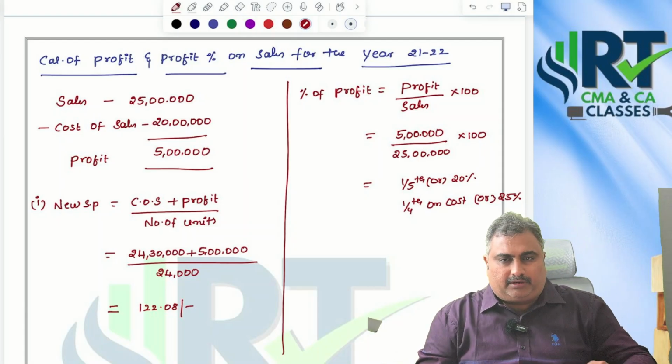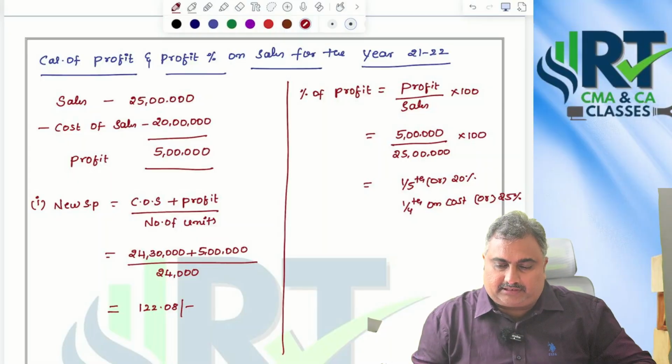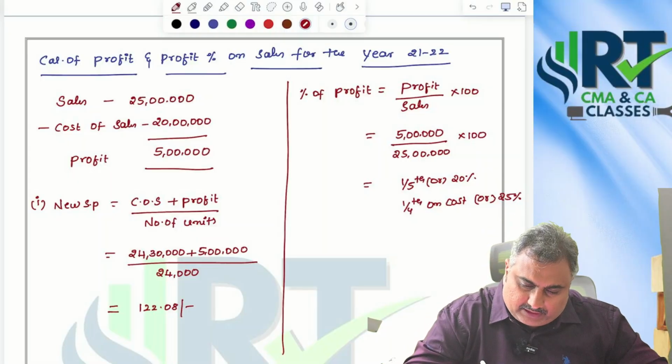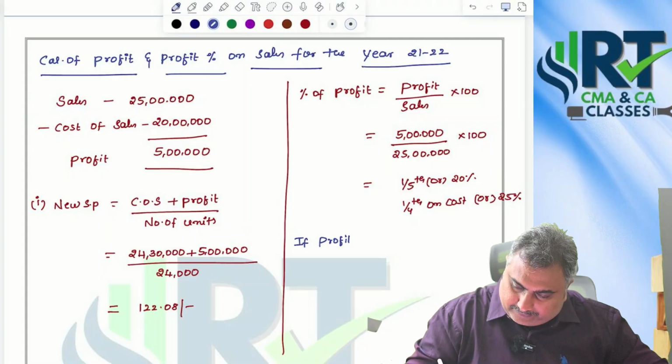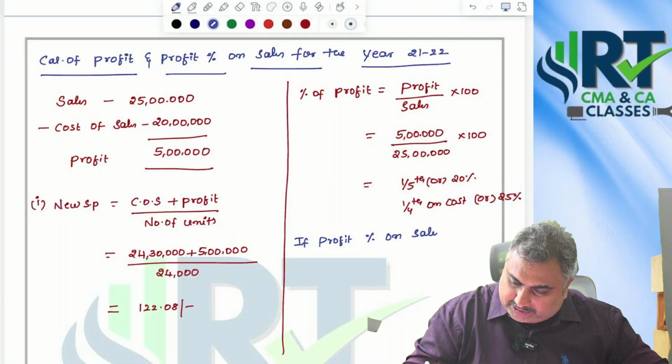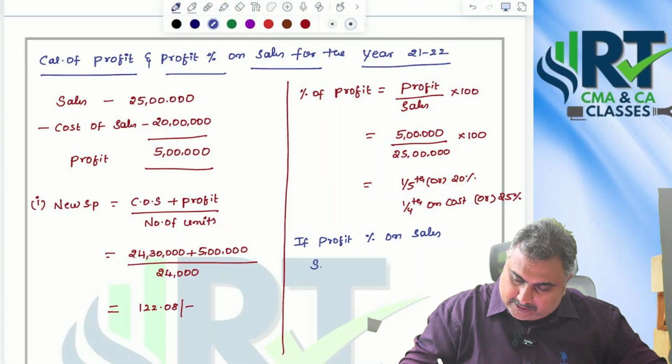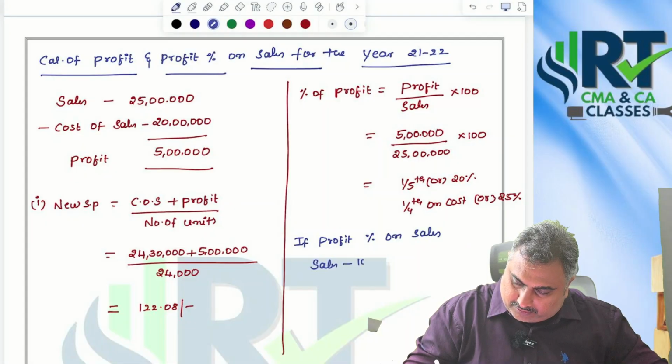Now, so many people get confused while doing these percentages. I will tell you a simple way. See here, if profit percentage is on sales, then take sales equal to 100, less profit, then you will get cost.